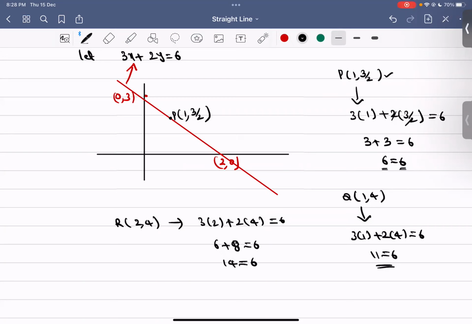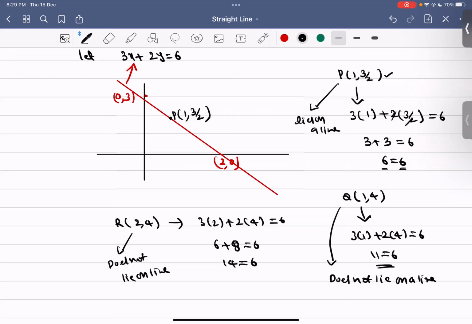Therefore this does not lie on the line. So this also does not lie on the given line. So these points, 1 comma 4 and 2 comma 4, do not lie on the line, which means they lie on either side of the line, this side or this side. That is the first one.